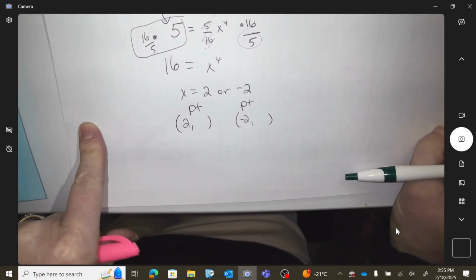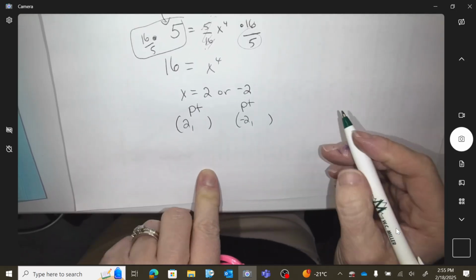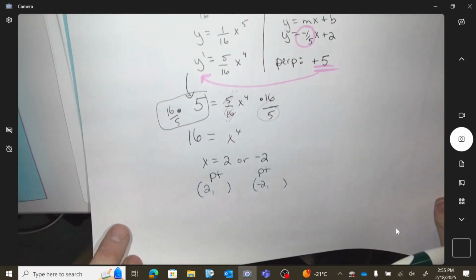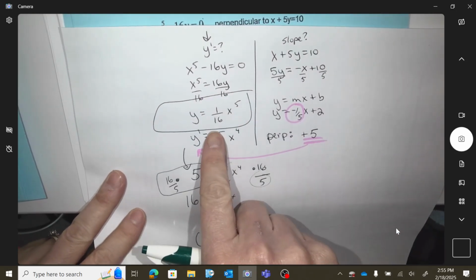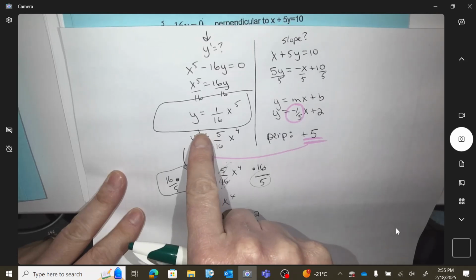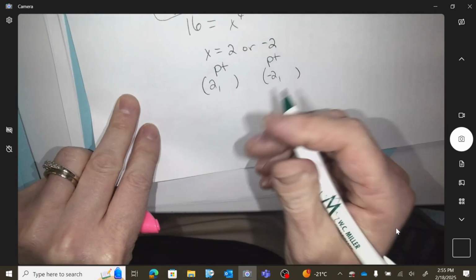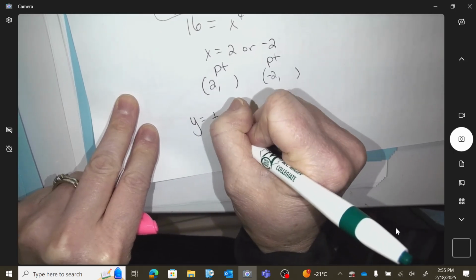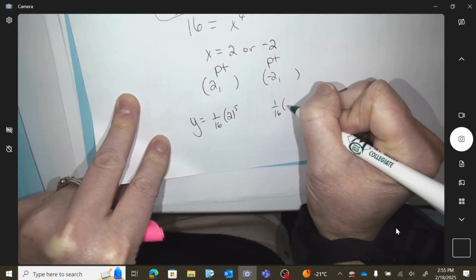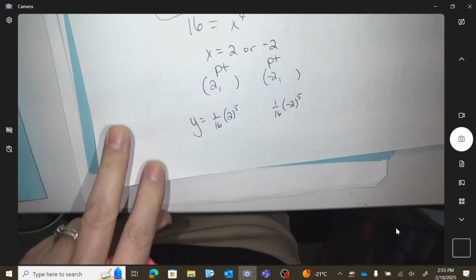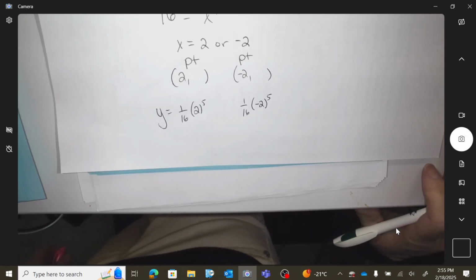Where would you go to plug the 2 in? You would plug it into the original stuff. Can we call this our original? Right there? y equals, that's our original function, right? Does anybody remember from pre-calc we did a bunch of the 2's?